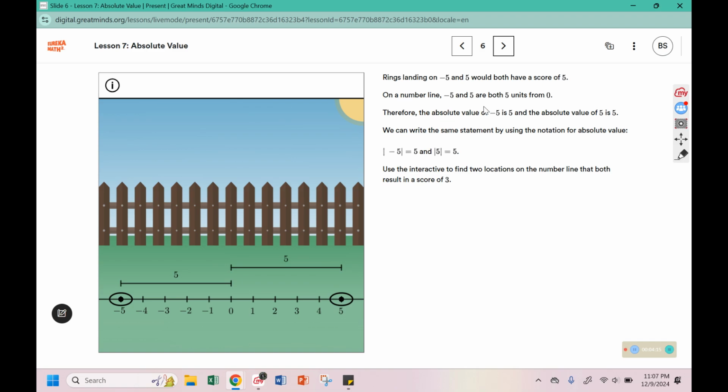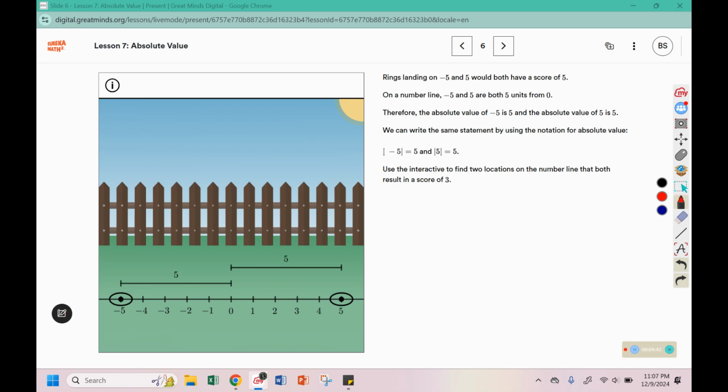Therefore, the absolute value of -5 is 5, and the absolute value of +5 is 5. We can write that same statement using the notation for absolute value. The way we indicate absolute value is with these long vertical lines here. So the absolute value of -5 is equal to 5, and the absolute value of +5 is 5.